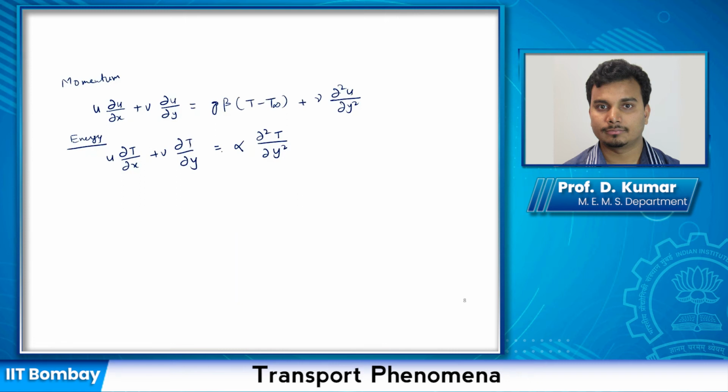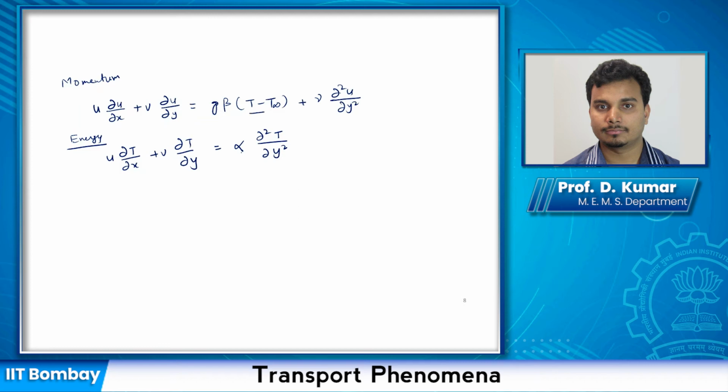Now if you look at these two equations along with your continuity equation, especially momentum and energy equations, they are now coupled. Earlier, you could have solved the continuity and momentum equations, got the velocity profile, and then solved the energy equation. Now it's kind of coupled.